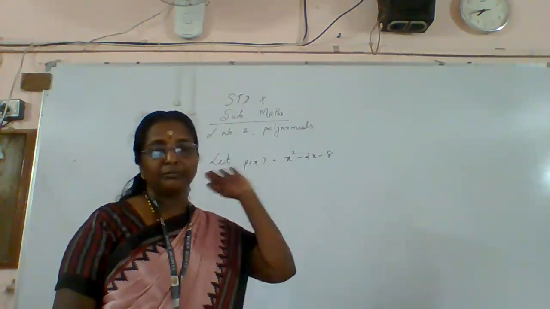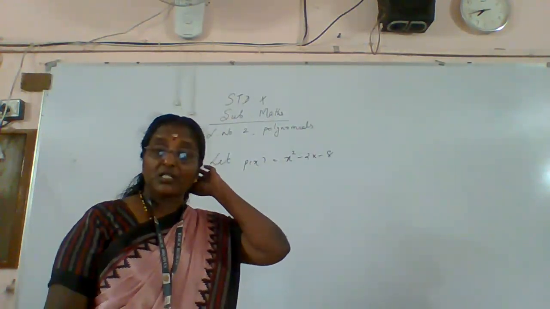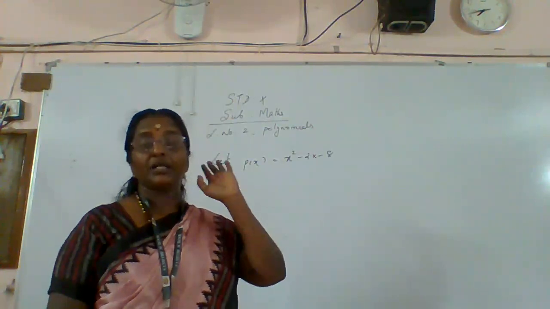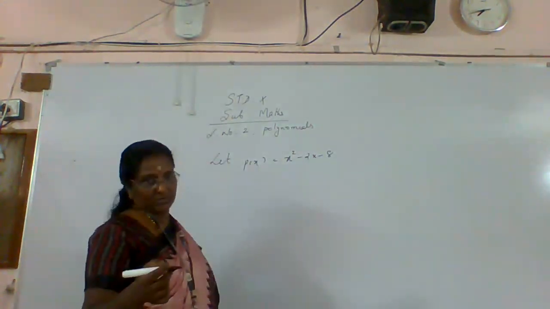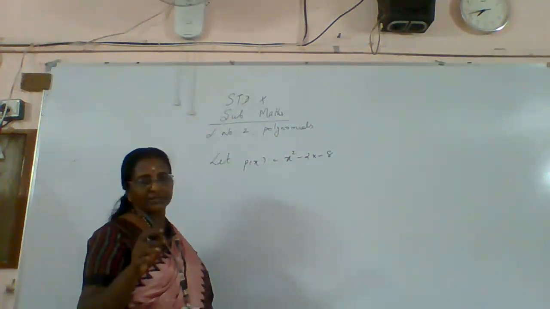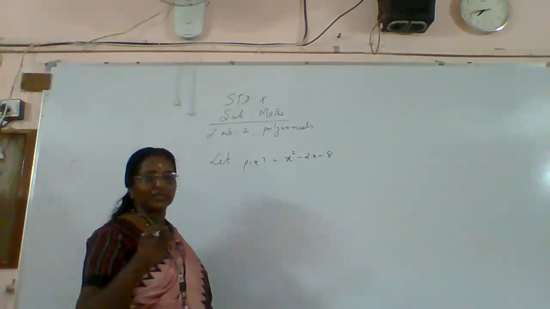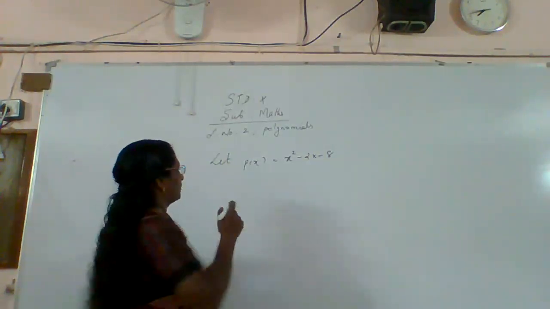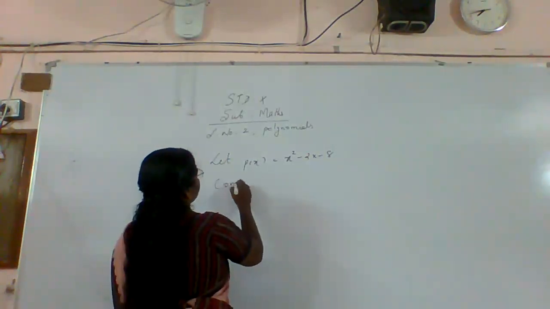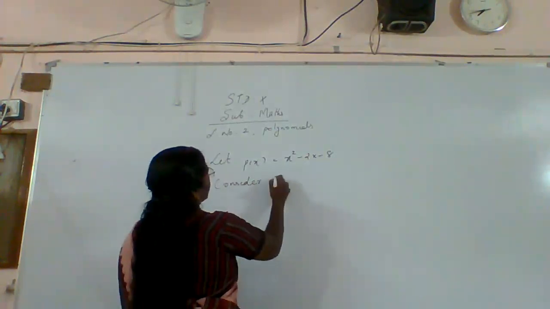I explained this two classes before. Consider p of x is equal to 0. That step is compulsory to write. Many students simply factorize and show it, but that step is compulsory. That step itself carries half a mark. So consider p of x is equal to 0.